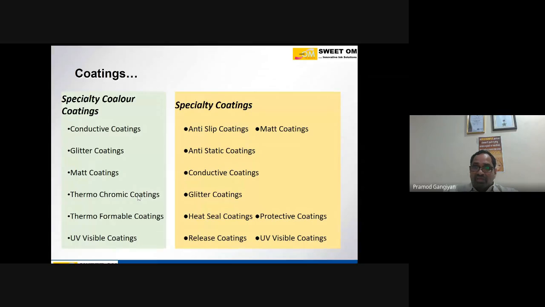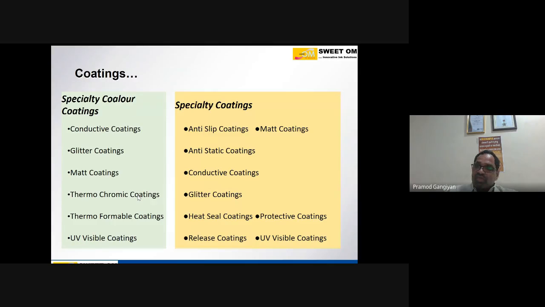In these tapes, one side there is a glue, and on the other side, the reverse side, there is a release coat. If there is no release coat, then that tape itself will stick to each other and it will not be openable. In the same way, we have electric tapes, insulation tapes. One side is adhesive and the other side is release coat.